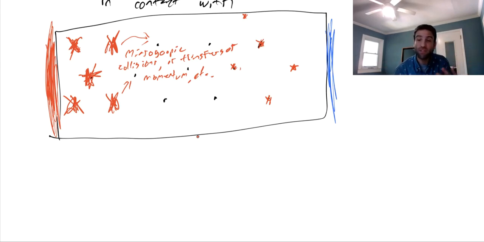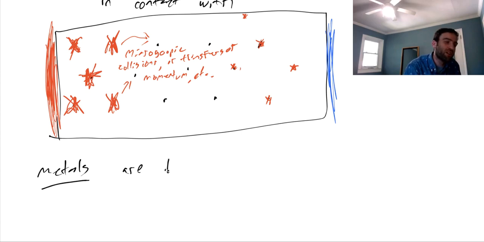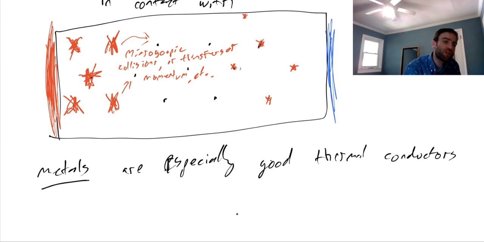It turns out metals are particularly good thermal conductors because there's another way they can conduct thermal energy. Metals are especially good thermal conductors because they have mobile electrons.